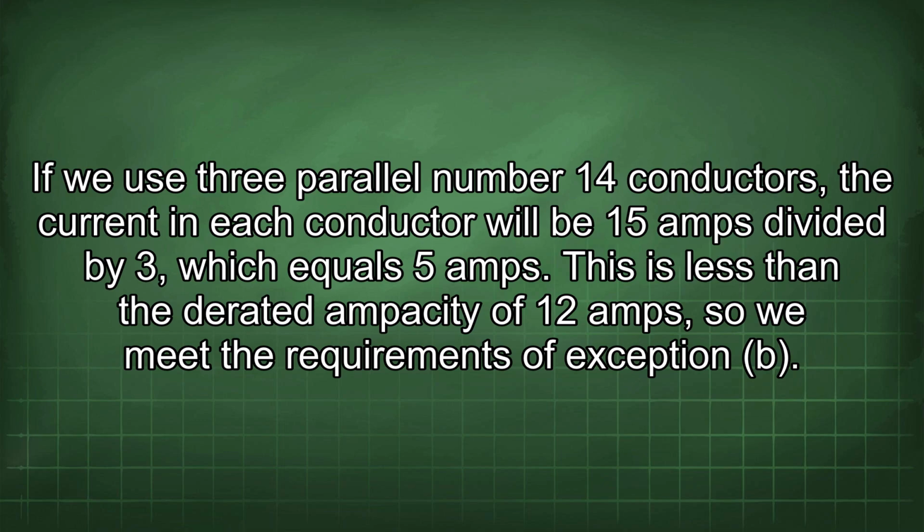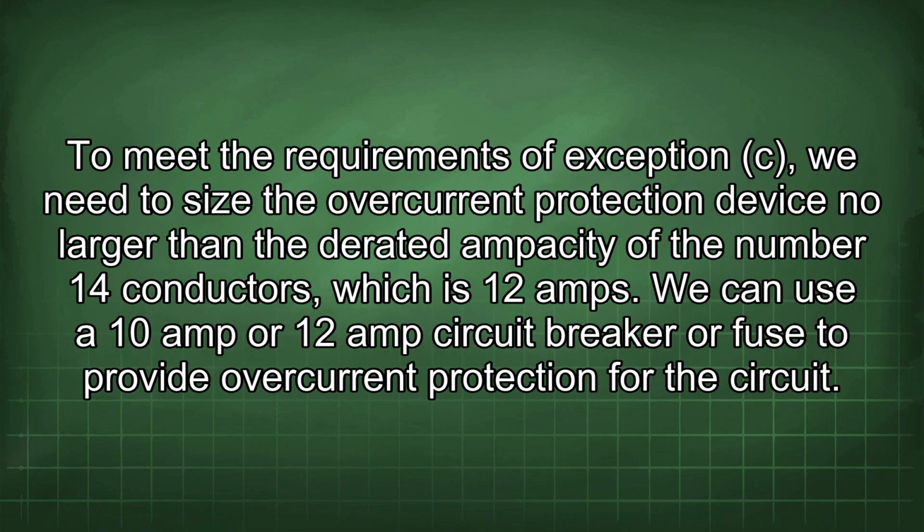This is less than the derated ampacity of 12 amps, so we meet the requirements of exception B. To meet the requirements of exception C, we need to size the overcurrent protection device no larger than the derated ampacity of the number 14 conductors, which is 12 amps. We can use a 10 amp or 12 amp circuit breaker or fuse to provide overcurrent protection for the circuit.